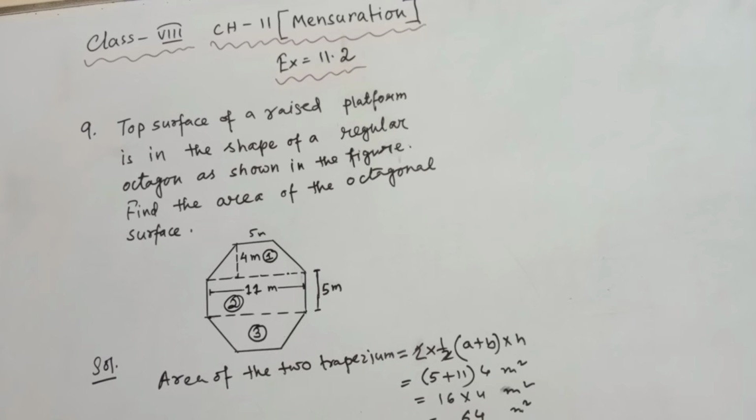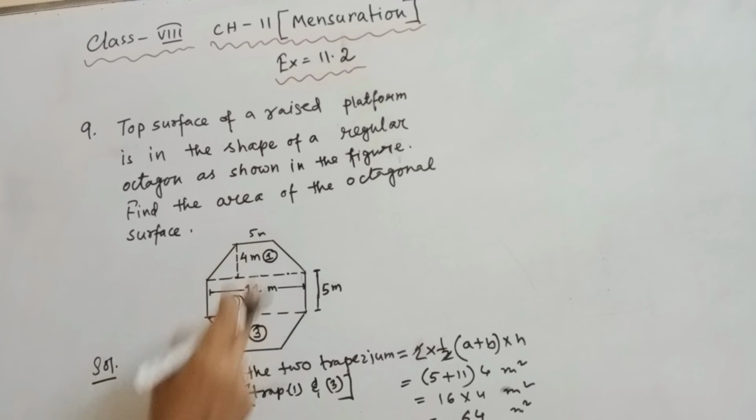Now the area of the two trapezium shaped field, that means trapezium 1 and trapezium 3.